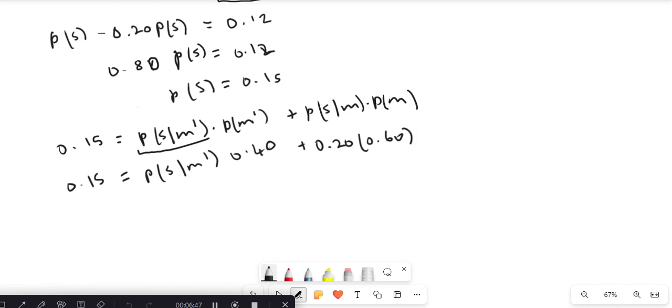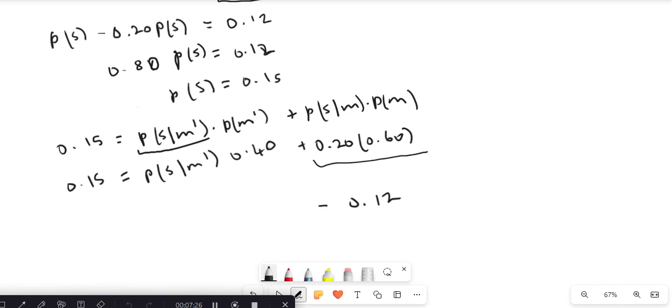Remember that 0.2 multiplied by 0.6 is 0.12. Let me check that again. 0.2 multiplied by 0.6. Right, it's 0.12.